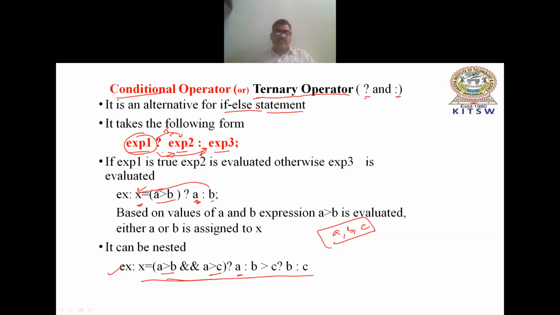If this condition is false, you check again: is b greater than c? If true, then b is the output, otherwise c is the output. So you nest one conditional operator within another. Conditional operators can be nested.